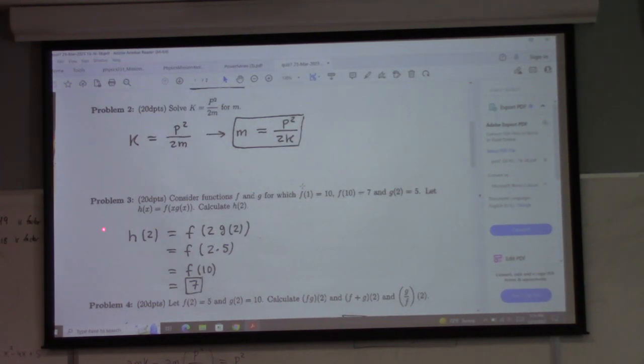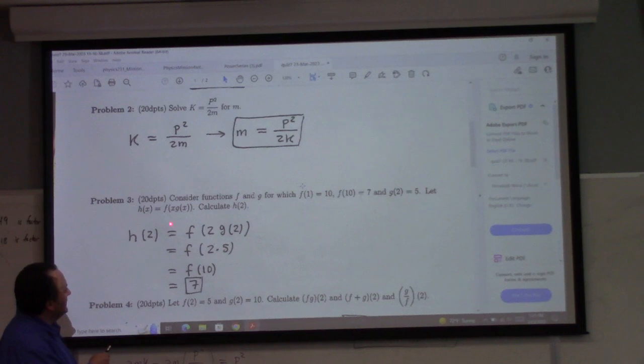Now, problem 3, it might have stumped you, right? Who got stuck on number 3? Some people, that's okay. But let's understand that you can do it. If you look at it, think about how it was done. So f of g of 2.